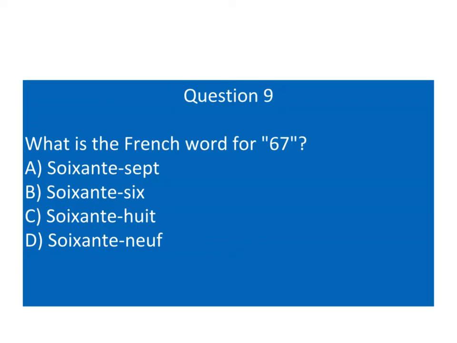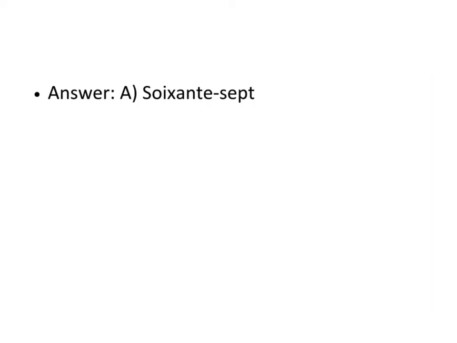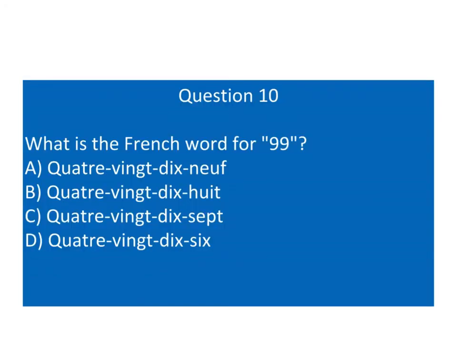The answer is quarante-cinq. Question 9. What is the French word for 67? A. Soixante-sept. B. Soixante-six. C. Soixante-huit. D. Soixante-neuf. What is the answer? The answer is soixante-sept. The last question. What is the French word for 99?